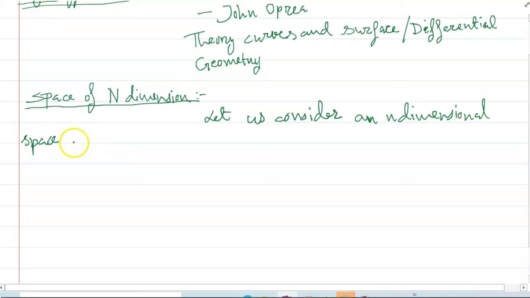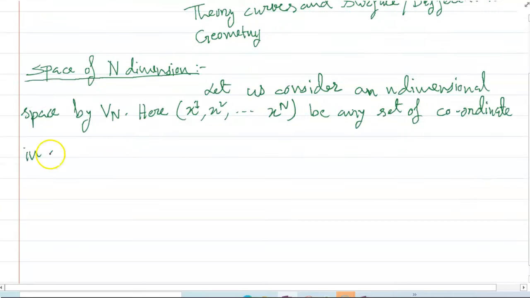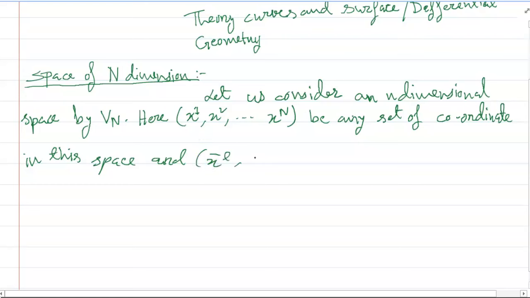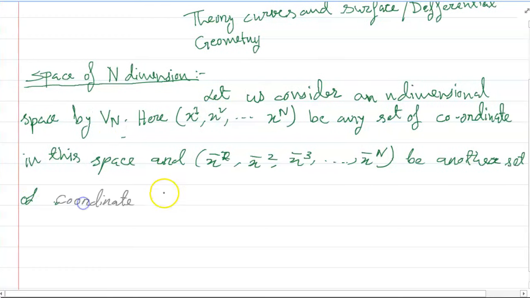denoted by Vn. Here x^1, x^2, up to x^n be any set of coordinates in the space, and x̄^1, x̄^2, x̄^3 up to x̄^n be another set of coordinates in the same space Vn.